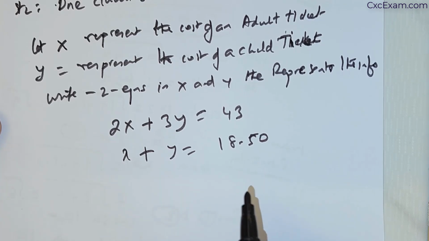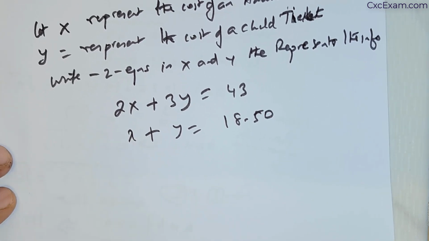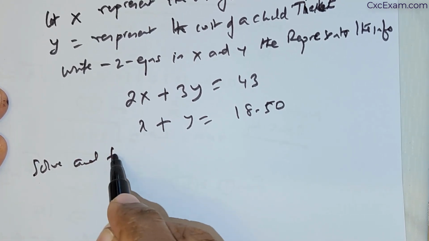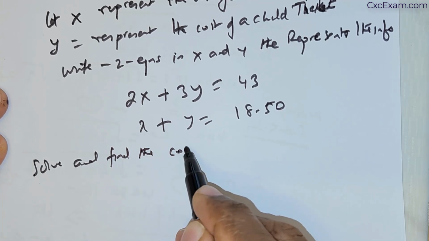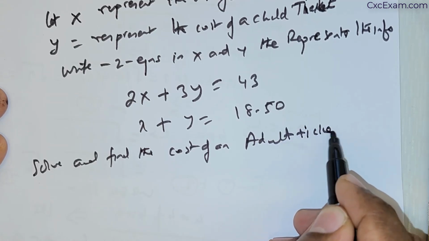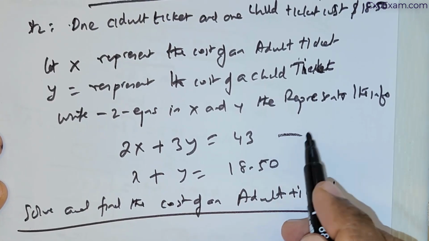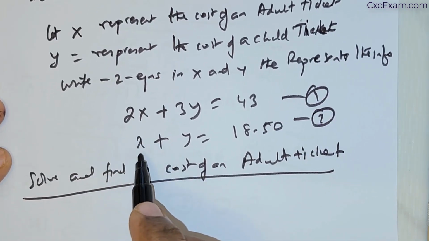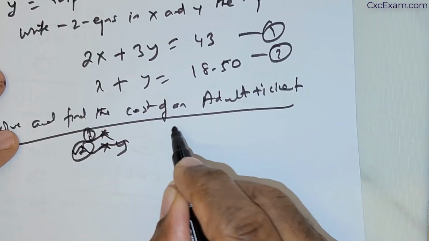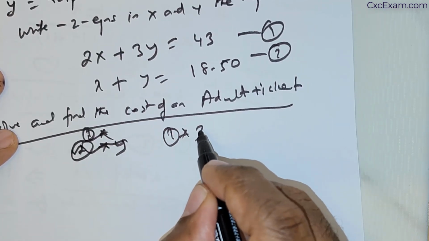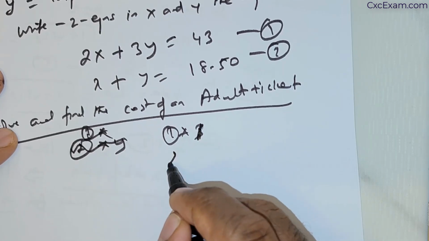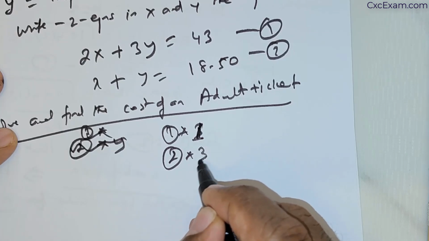So this is the solution for the first part. Now the second part is asking us to solve and find the cost of an adult ticket. So I take this as equation 1, I take this as equation 2. I need x. So what I do, I multiply 1 by just 1 and 2 by 3.